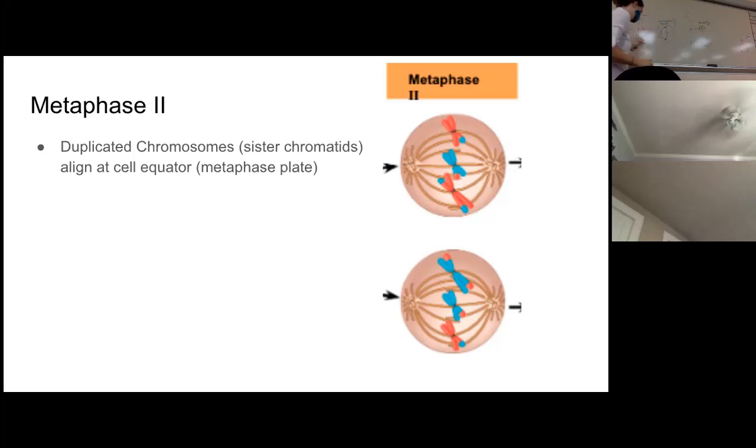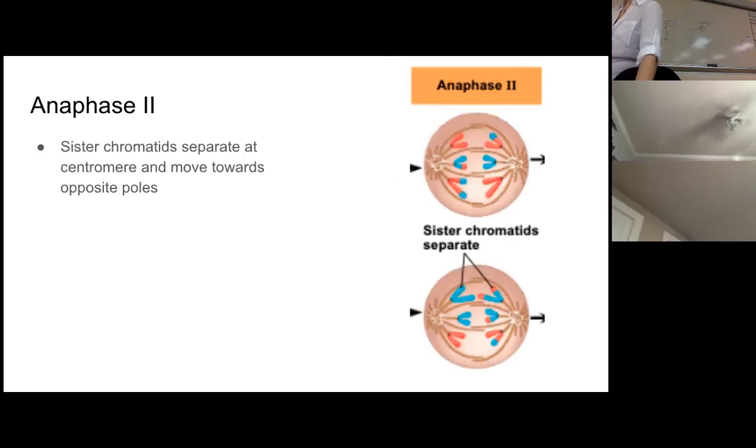Now, if we line them up, what comes next? We line them up in metaphase. What comes next? Anaphase. After we line them up, we pull them apart. Now this again looks just like mitosis. Anaphase 2, our sister chromatids pull apart at the centromere.